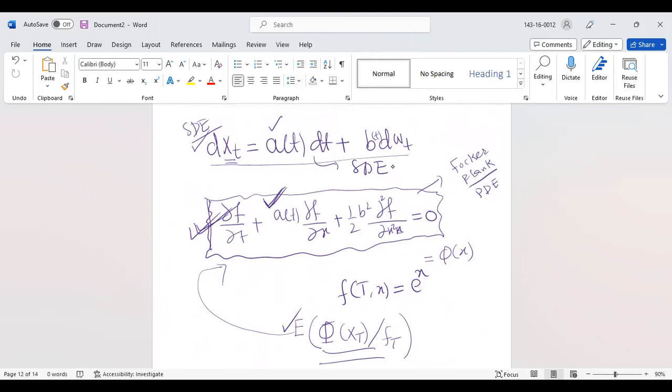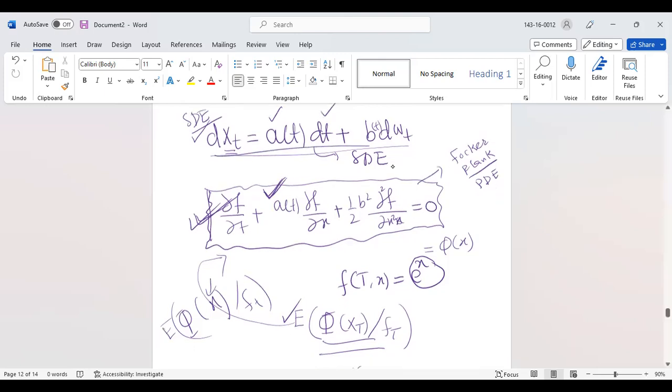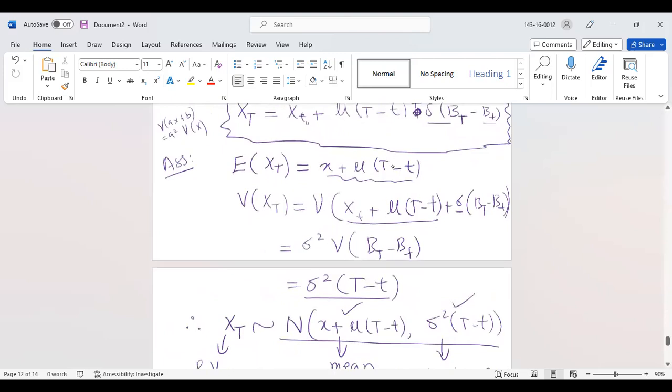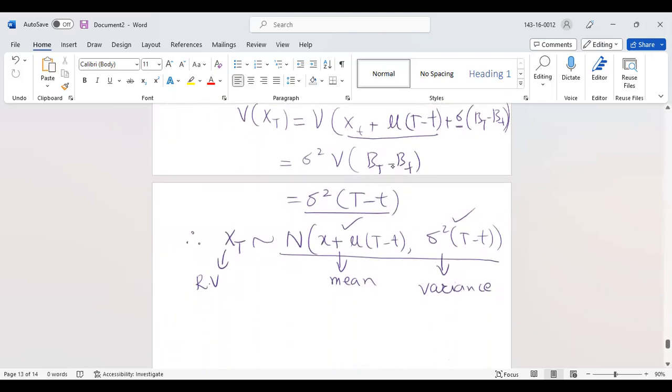Whatever the solution is, you have to calculate that solution at this initial condition, in other words phi of x. Then you apply expectation. So you need to have information about this x of t from here. That's why I solved this SDE and got this solution x of t, and I also checked that this x of t is normally distributed with this mean and this variance.